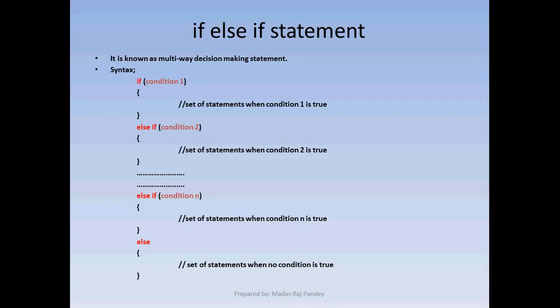So in short, the if else if statement gives us the power to check multiple conditions, and on the basis of which condition is true, the equivalent set of statements is executed.